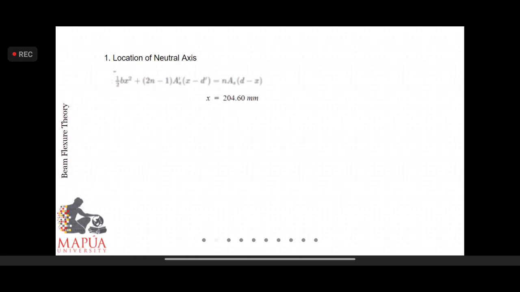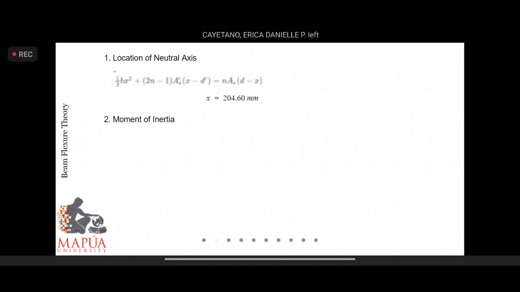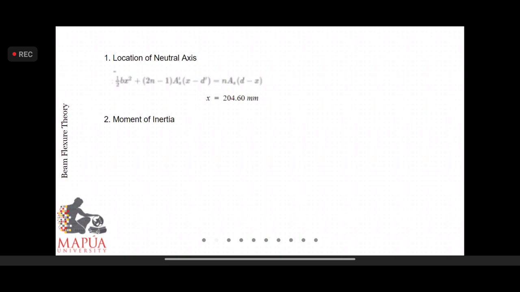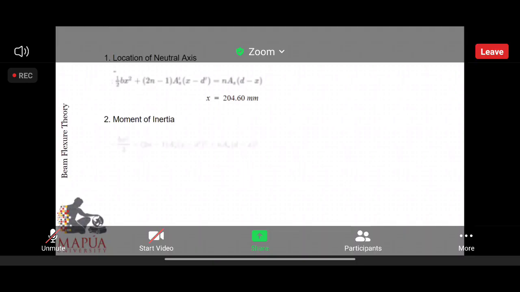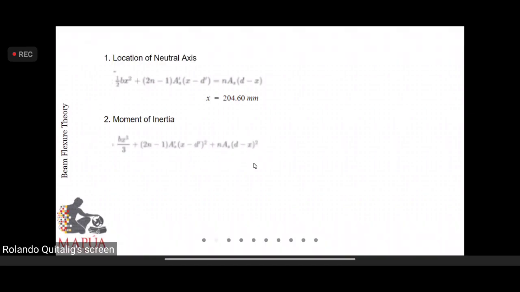After computing for the x, we compute for the moment of inertia. Instead of considering the transfer moment of inertia, as I have covered previously, we are going to utilize the formula for the moment of inertia with respect to the base. Then we compute as well for the moment of inertia of the compression bar and of the tension bars.